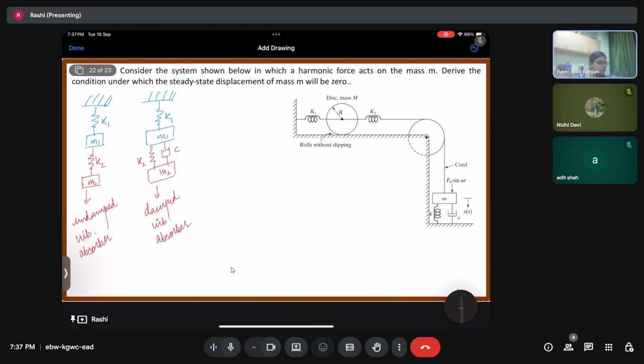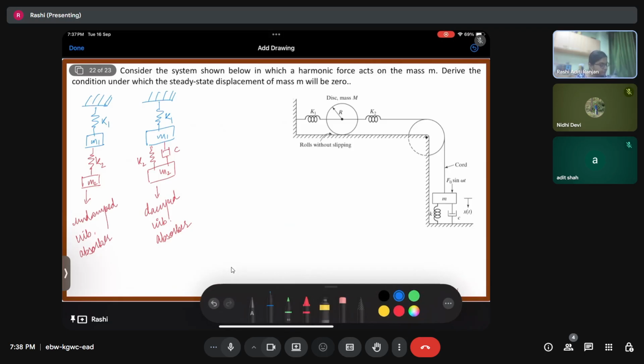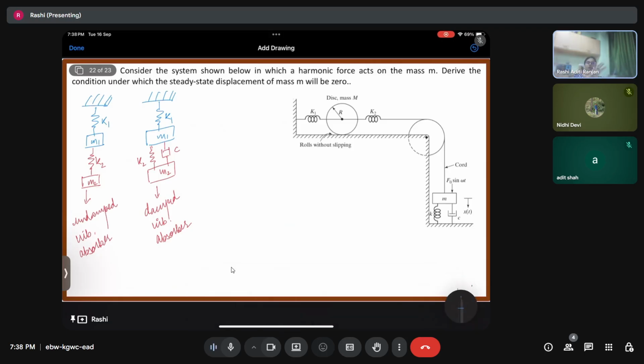So in that case, what will we do? This is a bit sophisticated system, a bit complicated. It's looking just complicated, otherwise it is very easy. We have already discussed a lot about how to find the equation of motion of such kind of system. For this kind of system, we have attached the system in such a way that we want the steady state oscillation of this mass to be zero.